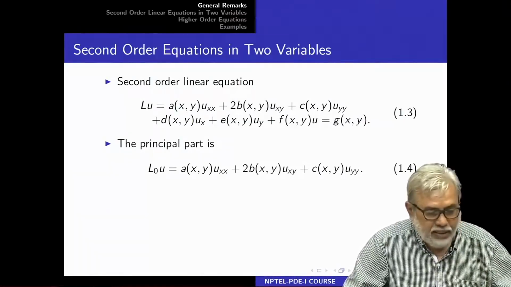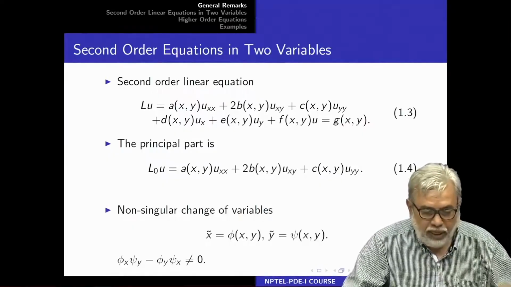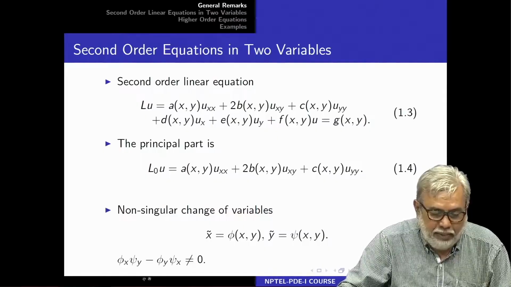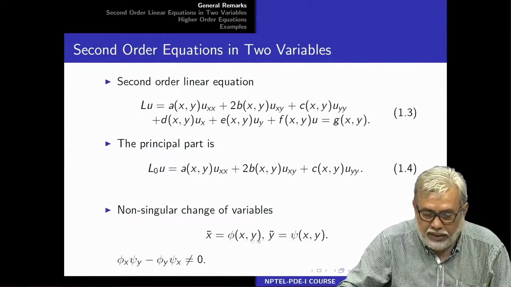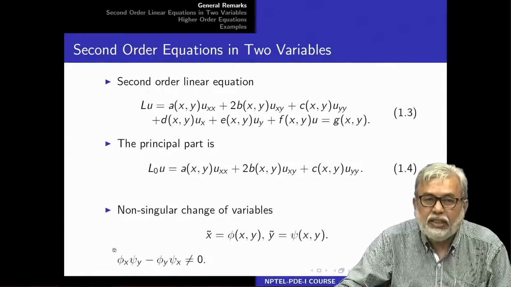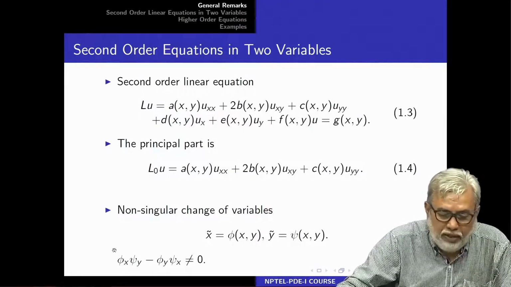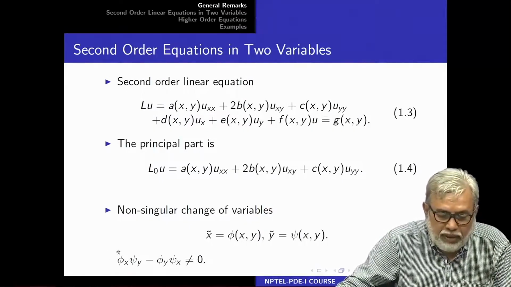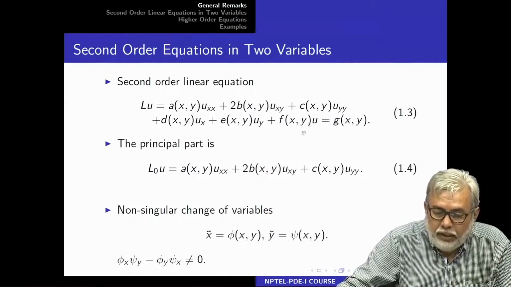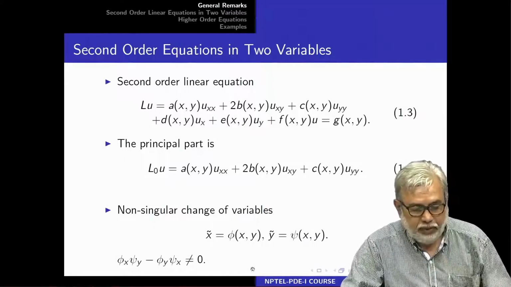And this is the transformation that we seek, with the requirement that it is non-singular. So, that determinant I have written explicitly here, because it is a 2 by 2 determinant. Just compute that. This should not be 0 in the domain we consider.